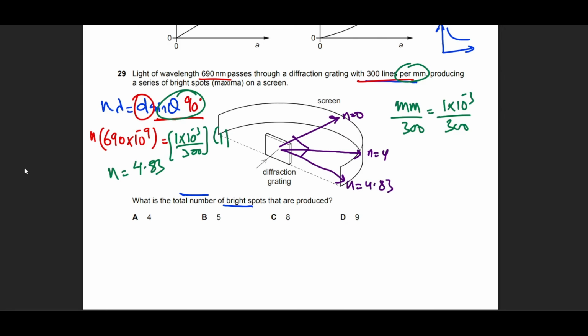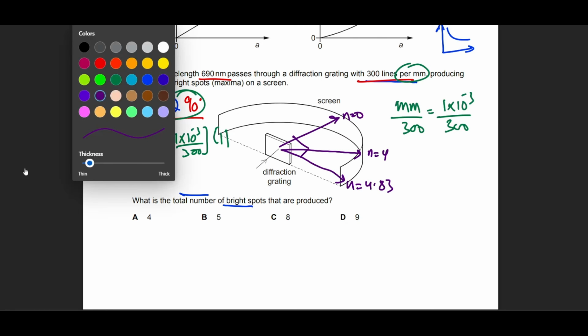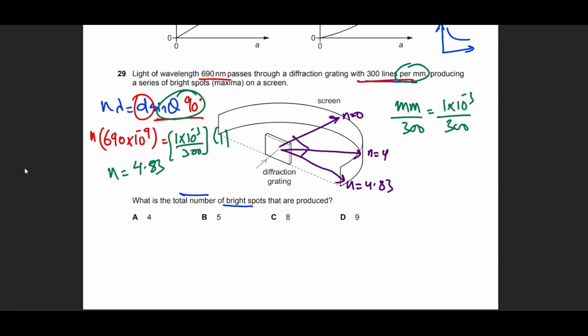In reality, you will not observe anything at 4.83. You will not observe anything at 90, which means that the last maximum order you would be able to see is going to exist at 4. And if you want to observe 5, that would have been greater than 90, which is impossible.